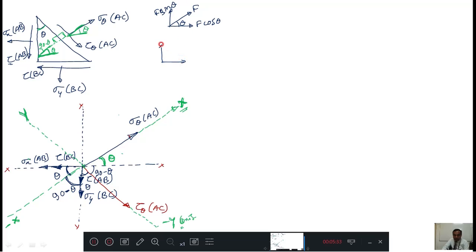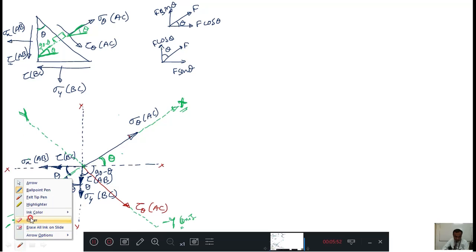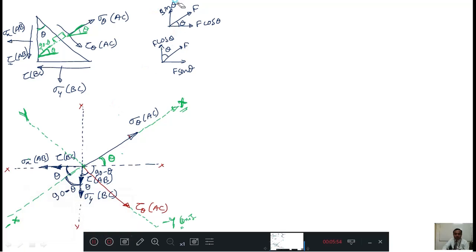Like that, if this is a force F and theta is here, then F towards theta is F cos theta, and F away from theta is F sin theta. This you should know. Thinking that you know that, I will go ahead. Don't worry, if you want to write, pause it and go back 10 or 15 seconds, and you can write it.